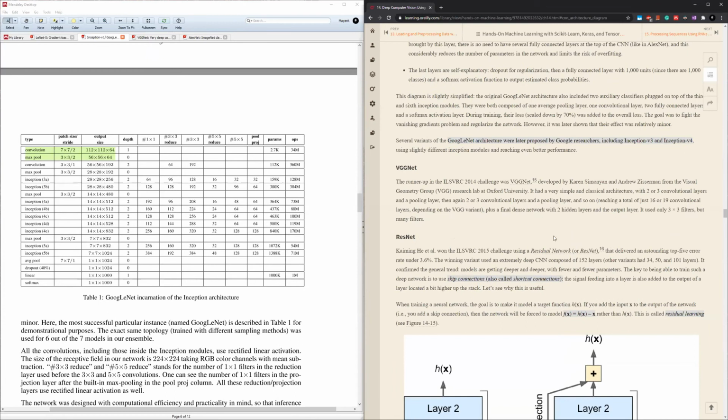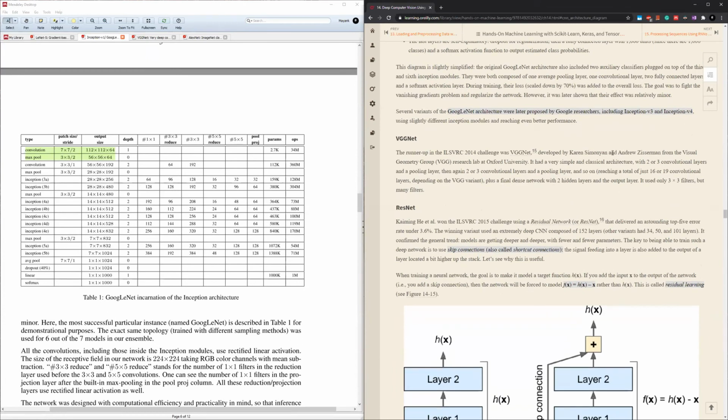But they have also mentioned afterwards that the impact was much less than what they initially thought it would be, with respect to scaling down the overall loss, fighting the vanishing gradients problem, and regularizing the network.